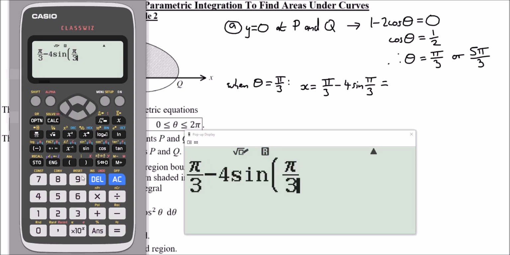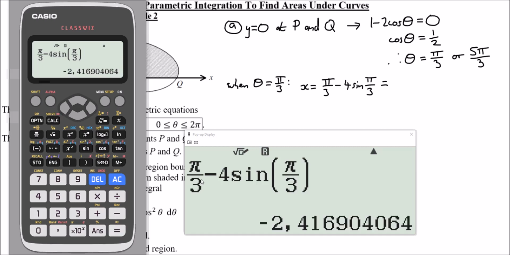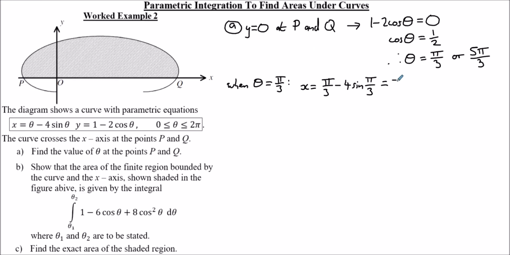So, whether it's coming out positive or negative, that'll tell us which one of P or Q this relates to. Well, that comes out to be minus 2.416 and so on. So that's looking like it's going to relate to P.